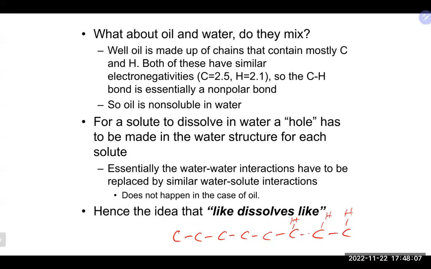Also, that's why when we have oil spills in the ocean, eventually the oil just starts to float on the surface of the water, again because they have no way to truly mix and interact and maintain that interaction over a long period of time. In addition, oil molecules are usually extremely large molecules. So whenever we want to dissolve something, say in water, we really have to replace what's there before.